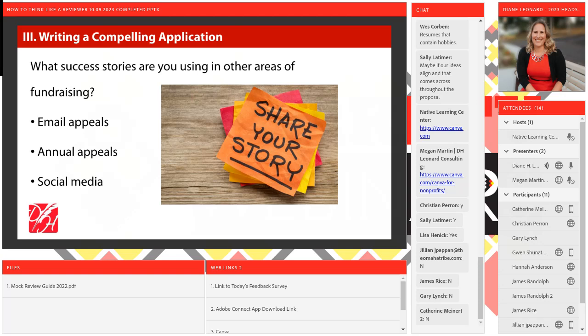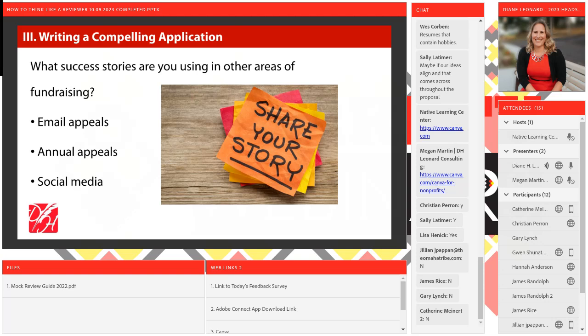Something I'd ask you to consider for some grant makers, for some reviewers, things that will help your application stand out are their success stories, their impact stories. And so maybe you're already using those in grant applications in your organization, in which case that's fantastic. For others, though, you might say, oh, I think that's a spot where we could be better, we could be stronger. So I'd encourage you to look in other areas of your organization for your fundraising, for your communication to your partners.